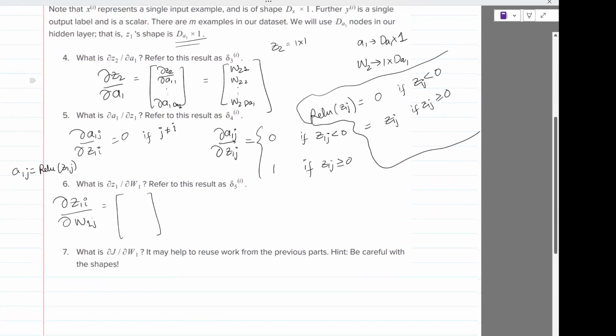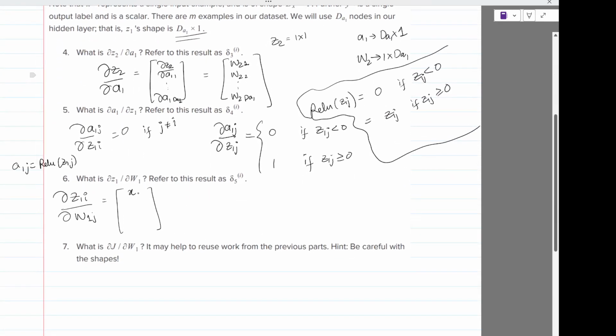It will be the entries of x1, x2 till x dx, right?